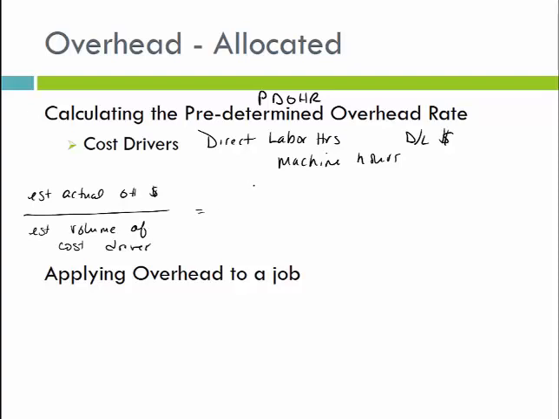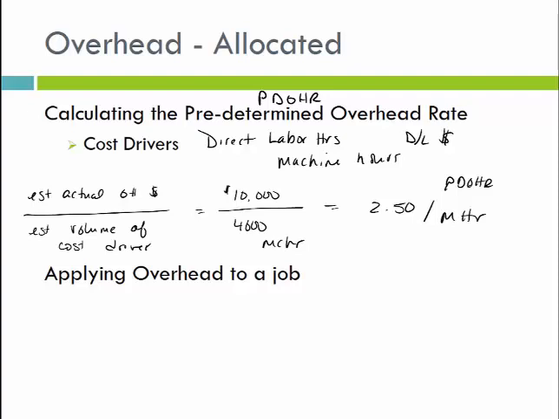So for instance, let's say you think you're going to have $10,000 in total overhead, and you're using machine hours, and you think you're going to have 4,000 machine hours throughout the year. So then you would come up with a rate of $250 per machine hour. That's your predetermined overhead rate. So for every job, every hour it spends on the machines, you're going to add $250 in overhead.